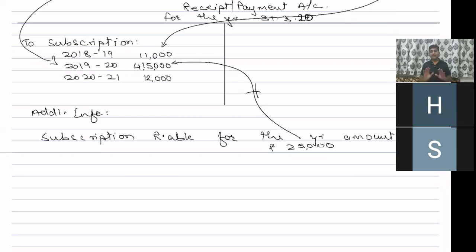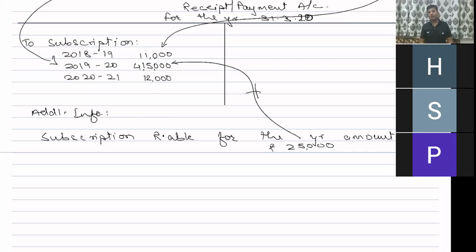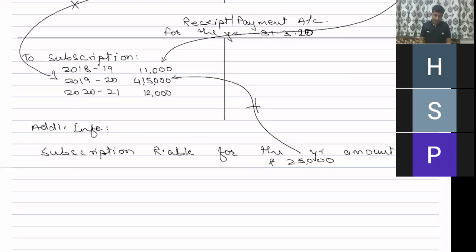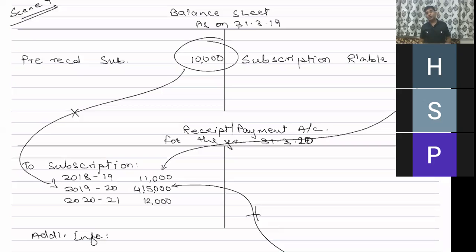Okay, I'll just repeat the point. What has happened now, observe it. The amount of 10,000 which has been shown in my opening balance sheet onto the liability side as pre-received is the amount which is received in 2018-19, but it's the income of 19-20.